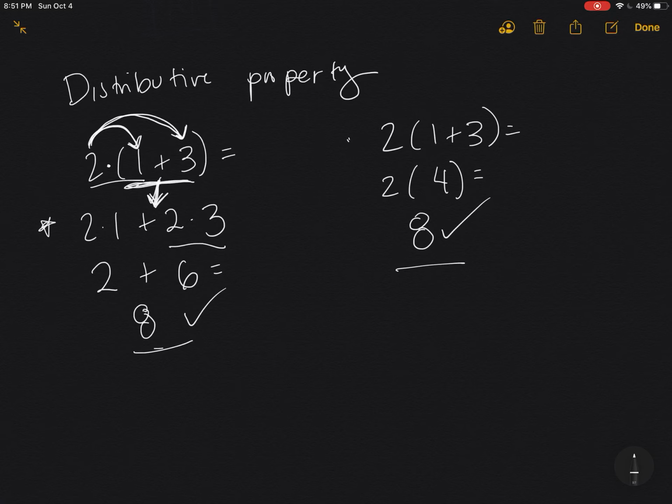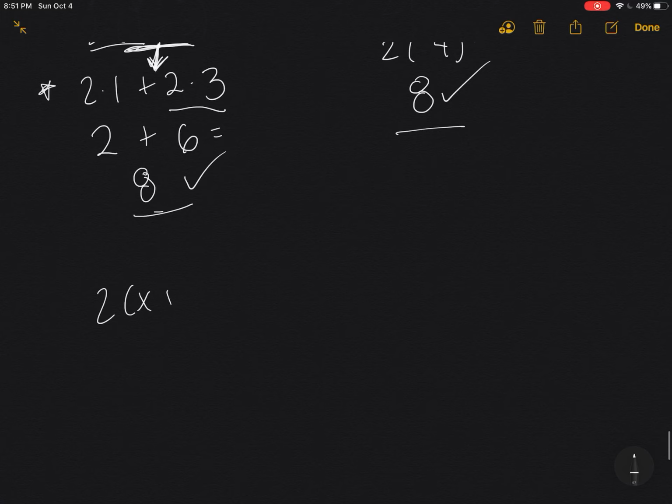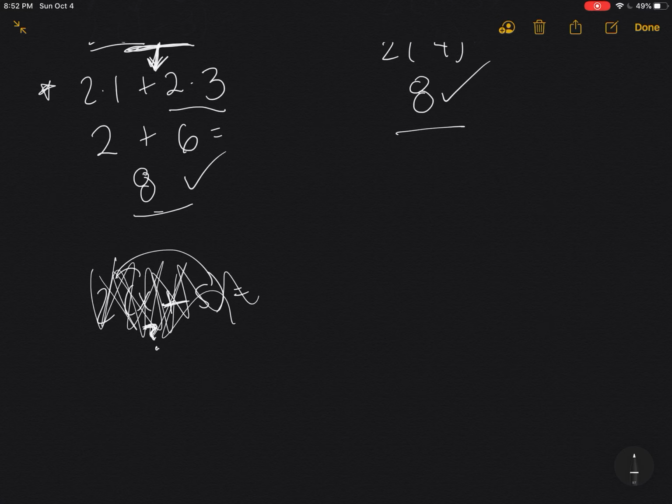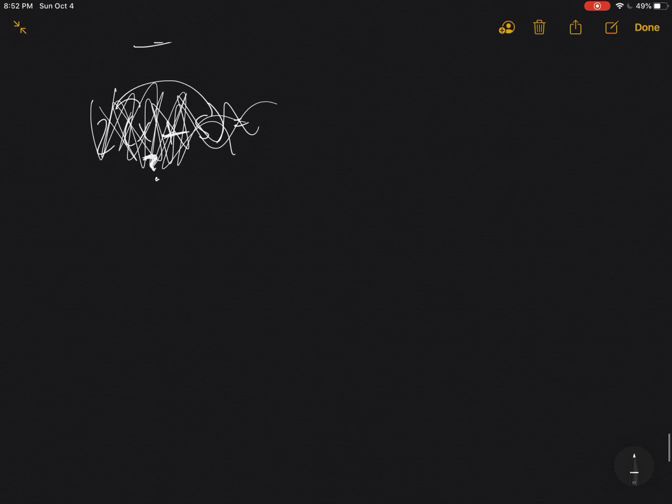When we start having variables, though, you're going to be using the distributive property a lot, because you'll get things like this, and it'll be like, well, I can't add x and 5 together because I don't know what x is, right? That's the whole point. We're trying to figure out what x is. So this would be one of those cases where you distribute. But I don't want you to think too hard about it. Just kind of showing you what's coming. Don't worry about that right now. Just worry about how to distribute with numbers.